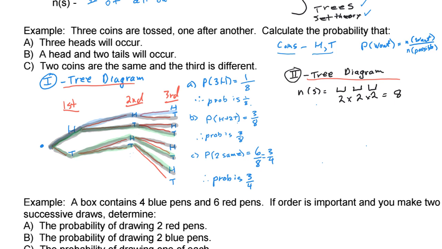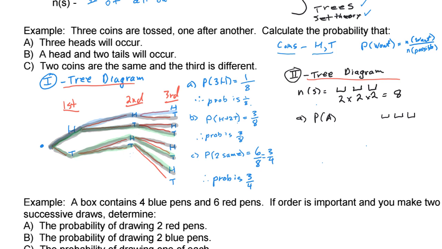Now, for part A, I want to know the probability of A. So aside, what you'd do is calculate the possibility of 3 heads occurring.